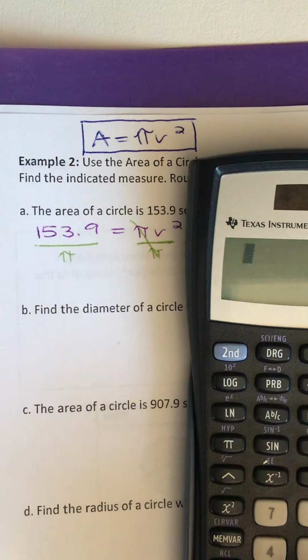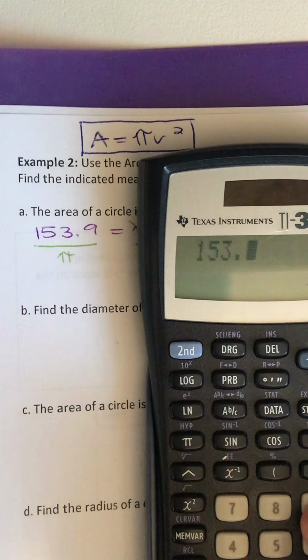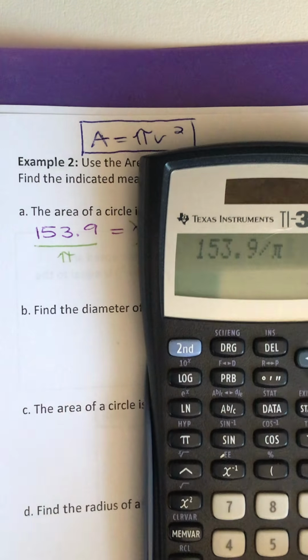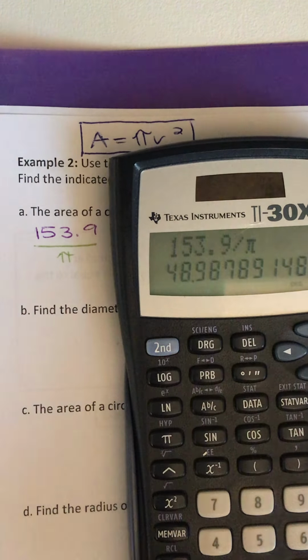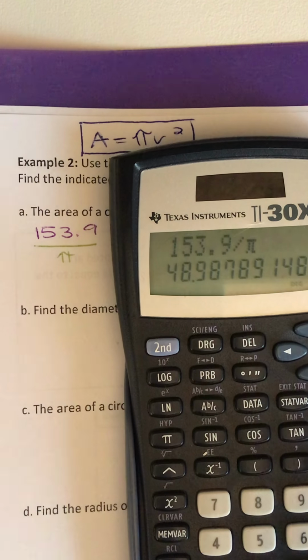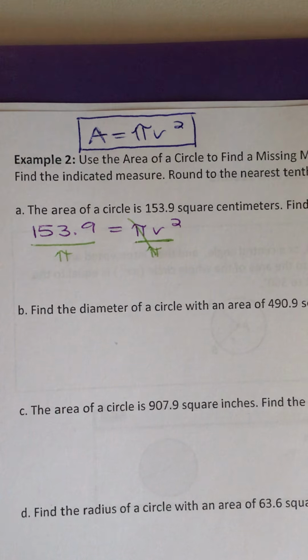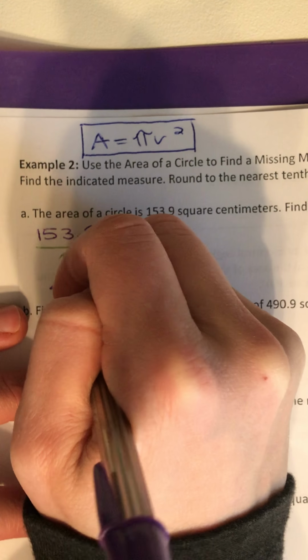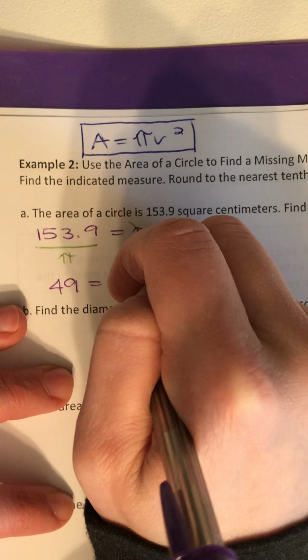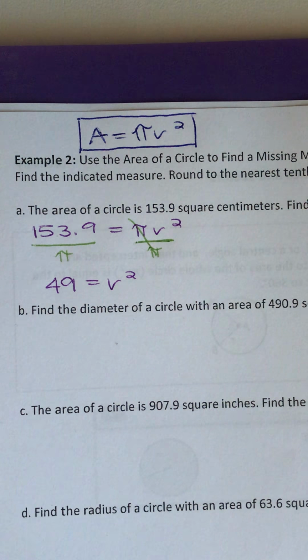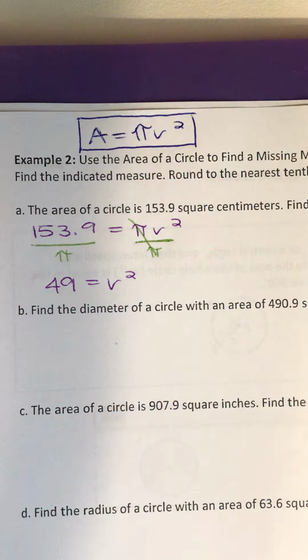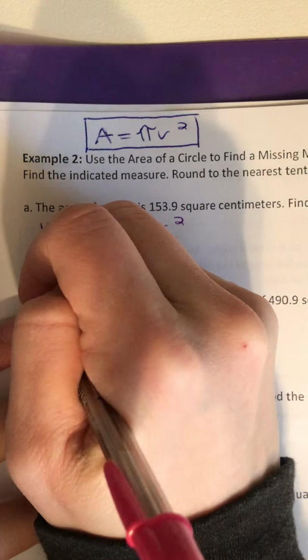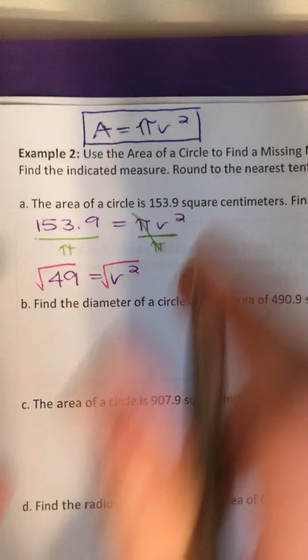So in my calculator, I'm going to do 153.9 divided by pi. And I get about 48.98, which I'm going to round up to 49. So 49 equals r squared. To get r alone, I'm going to take the square root of both sides.